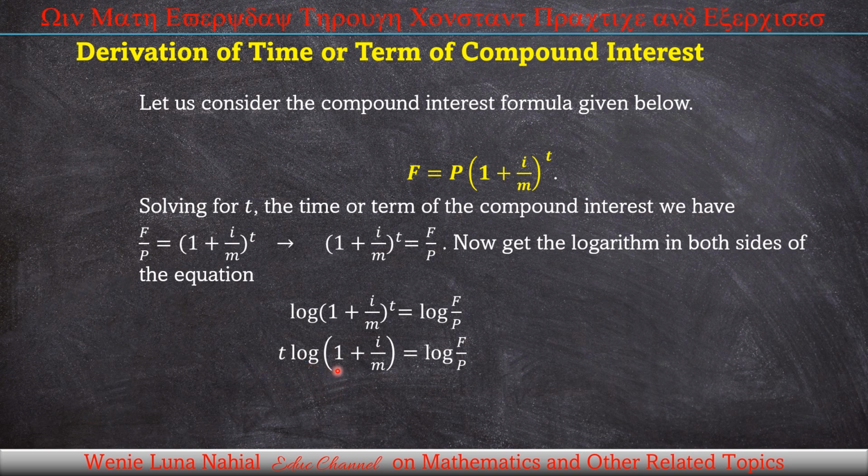So t times the logarithm of this quantity equals the logarithm of F over P. Since our goal is to get t, we have to divide both sides by the logarithm of the quantity 1 plus i over m. So this is now the formula of time or term of a compound interest. That's the derivation of the compound interest in terms of time or term.